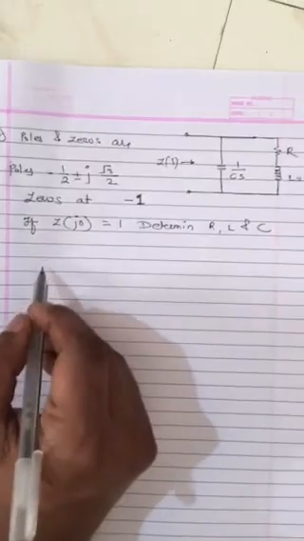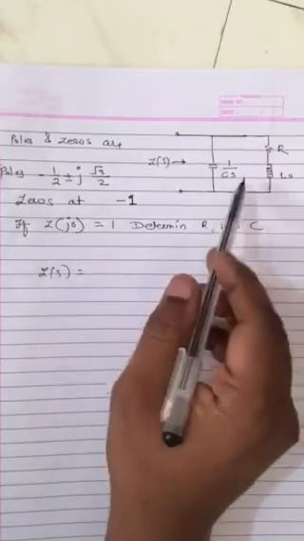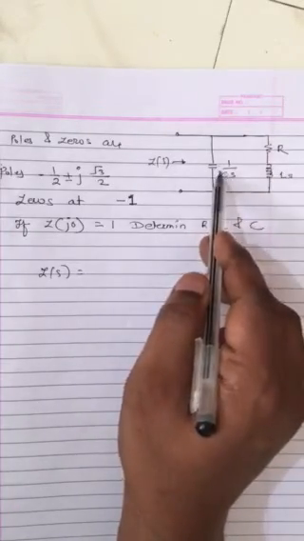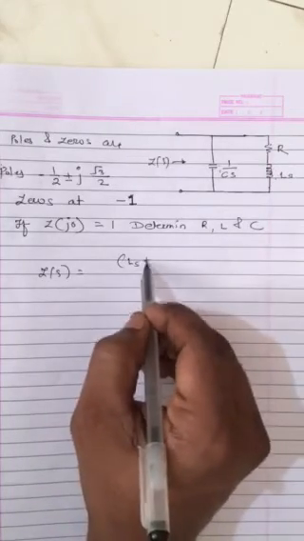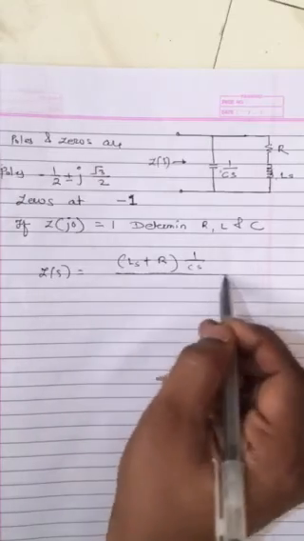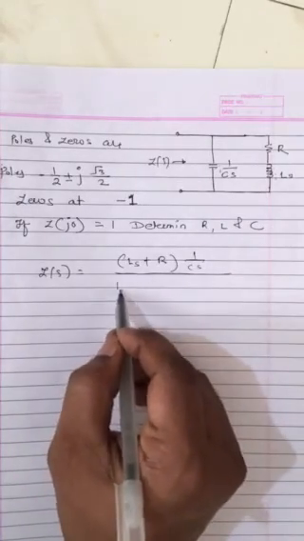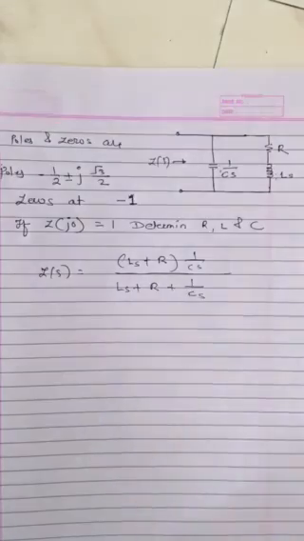Now I can write the equation of impedance Z of S. What is the complete impedance? This combination in parallel with this. So I can write Ls plus R into 1 by Cs as the multiplication, and in the denominator the addition of these two, that is Ls plus R plus 1 by Cs.